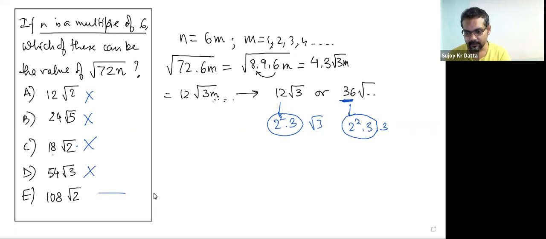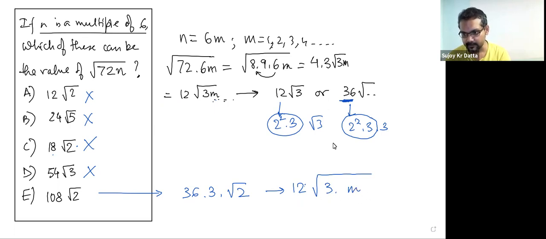Only in E, where we have 108, that's 36 times 3 times root 2. So that can be thought of as inside that 3m that we had. So we had 12 root 3m, right? So 12 root over 3 times m. What could this m have been? First of all, m has to have a 3 in it. Why? Because only then the 3 and 3 will combine and go outside and give you a 36.